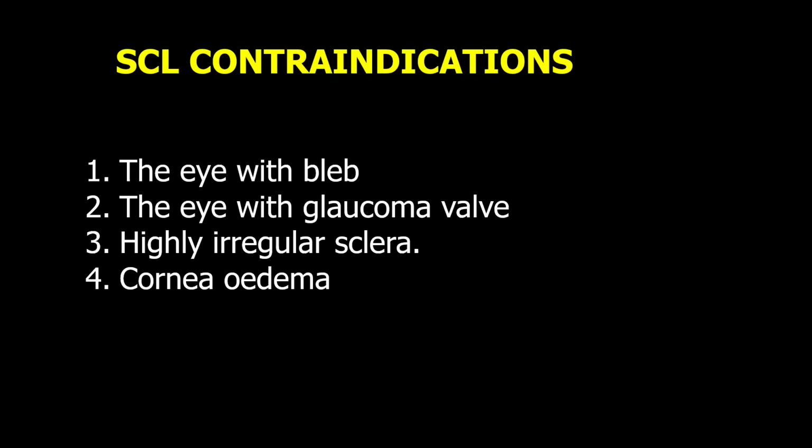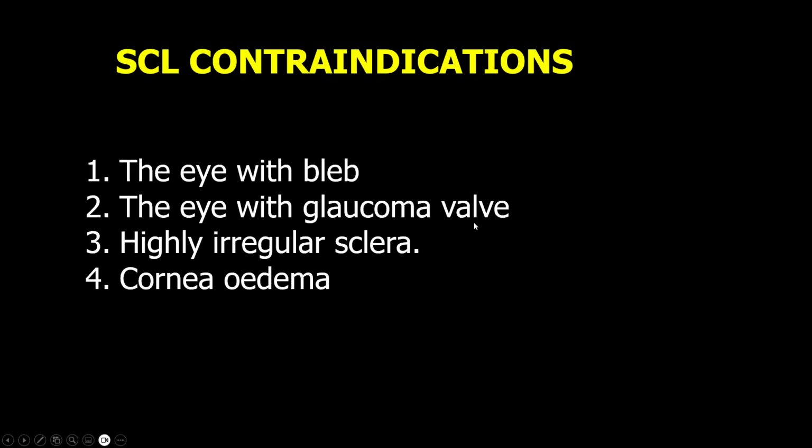Sometimes it can get inflamed. That's what we call the bleb. Sometimes, because it's done around the cornea, around the sclera, the lens can compress the bleb and might cause infection. It might also cause IOP issues for the patient.